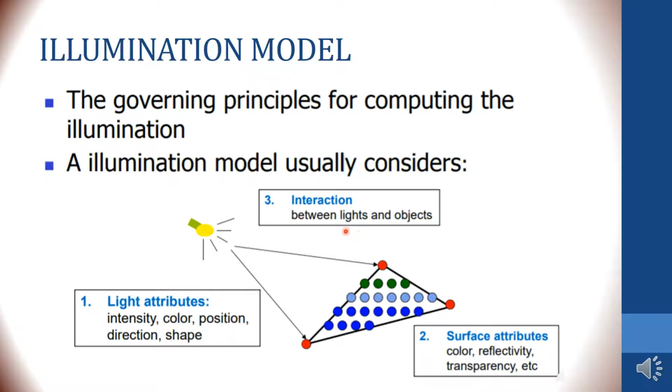And the third component of the illumination model is the interaction. What is the interaction? In this illumination model, it is the interaction between the light and the object. So here are the components of illumination: light attributes, surface attributes, and the interaction between the light and the object.